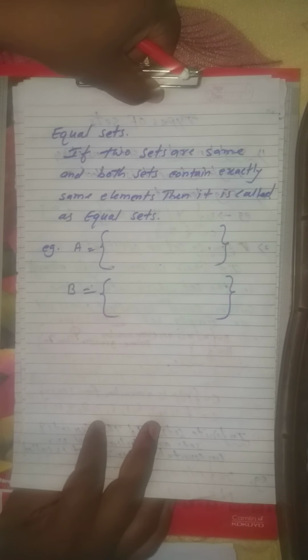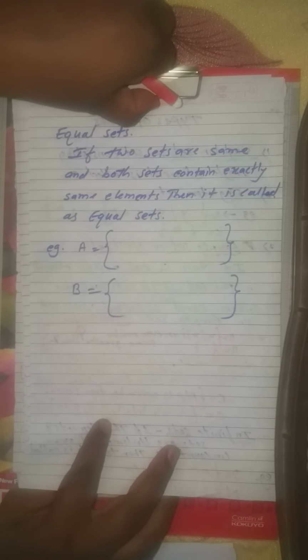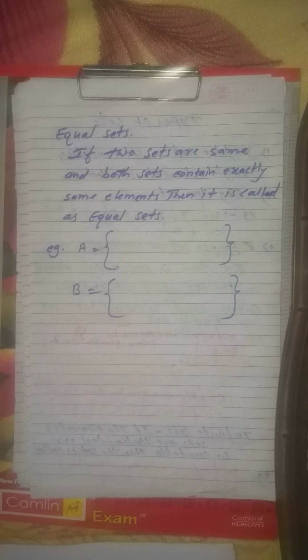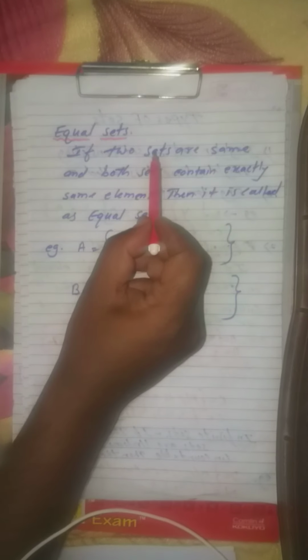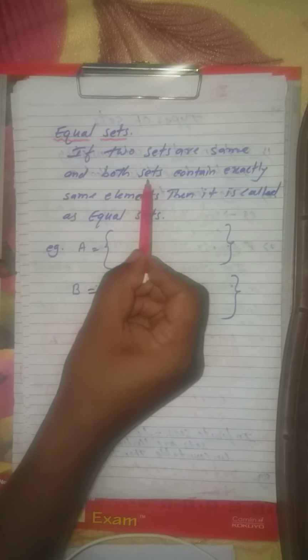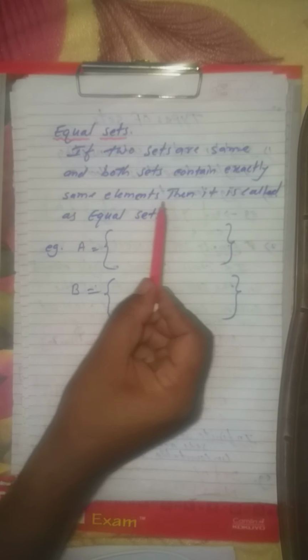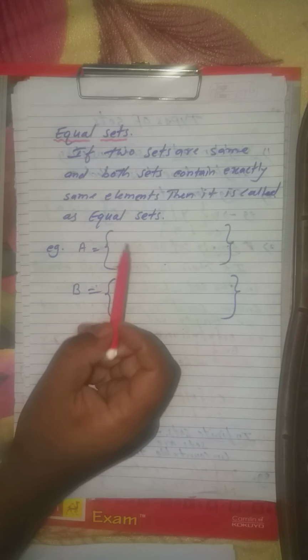Now we can see another type of set, called equal sets. Equal means all elements should be equal in both sets. If two sets contain exactly the same elements, then they are called equal sets.